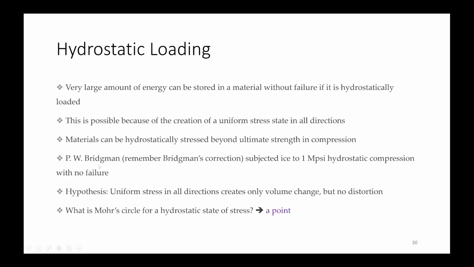P.W. Bridgman subjected ice to 1 mega pounds per square inch of hydrostatic compression with no failure. So, according to this hypothesis, uniform stress in all directions creates only volume change but no distortion. And in the case of Mohr's circle, which we will study in the next chapter, for the hydrostatic state it is a point, so there wouldn't be any distortion related to hydrostatic type of loading.